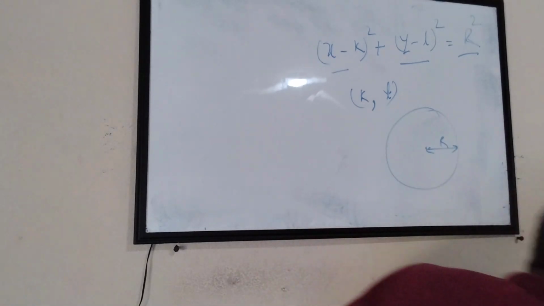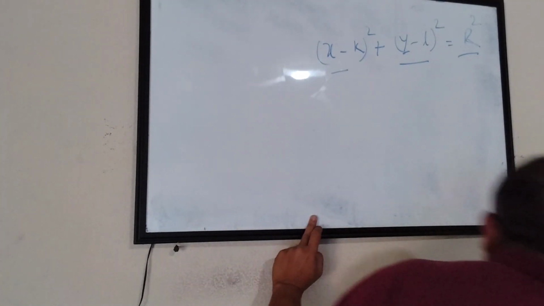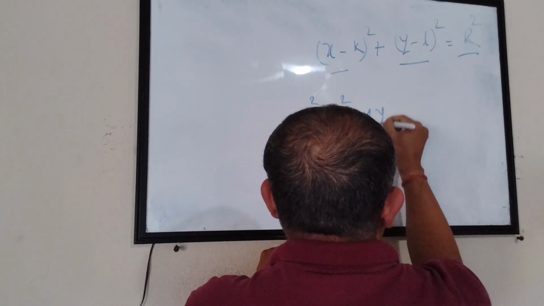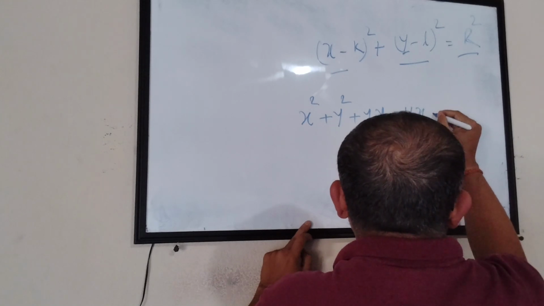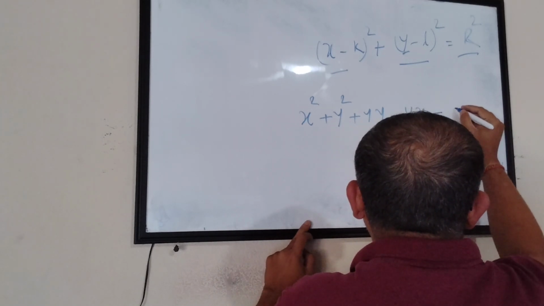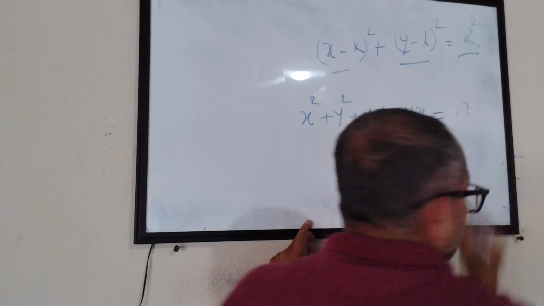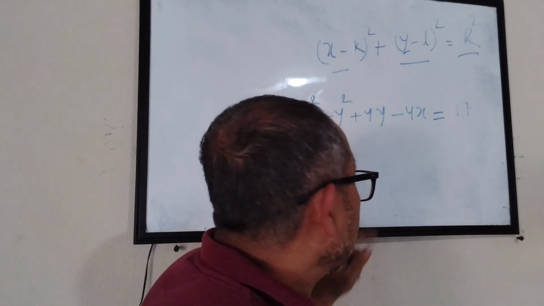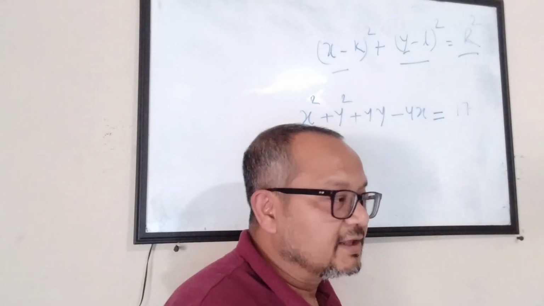So let's say I give you an equation like this: x squared plus y squared plus 4y minus 4x equal to 17. And I say, find the coordinates of the center and the length of the radius.